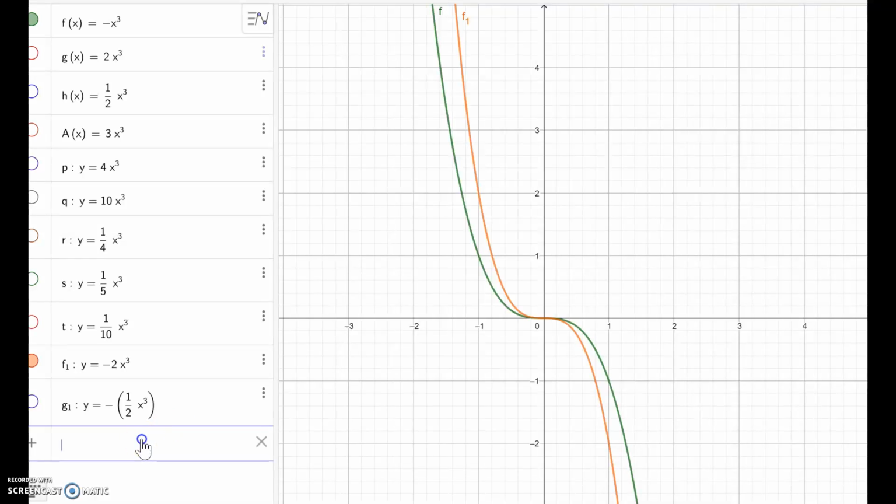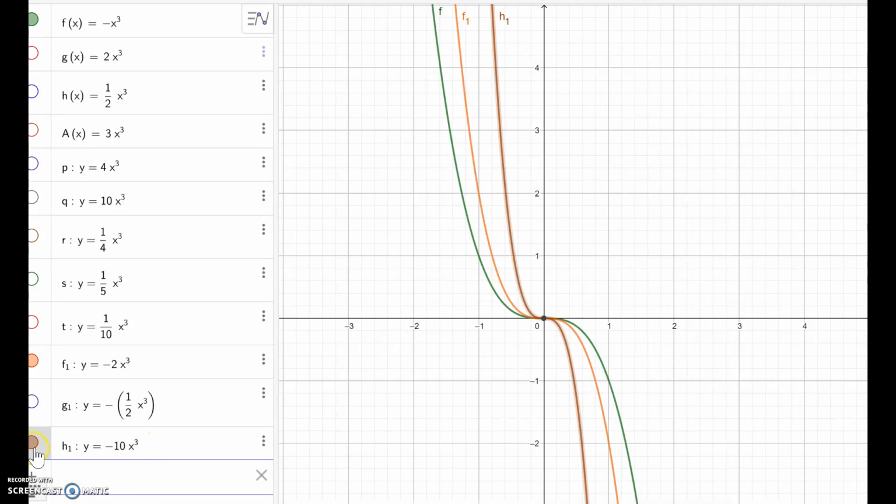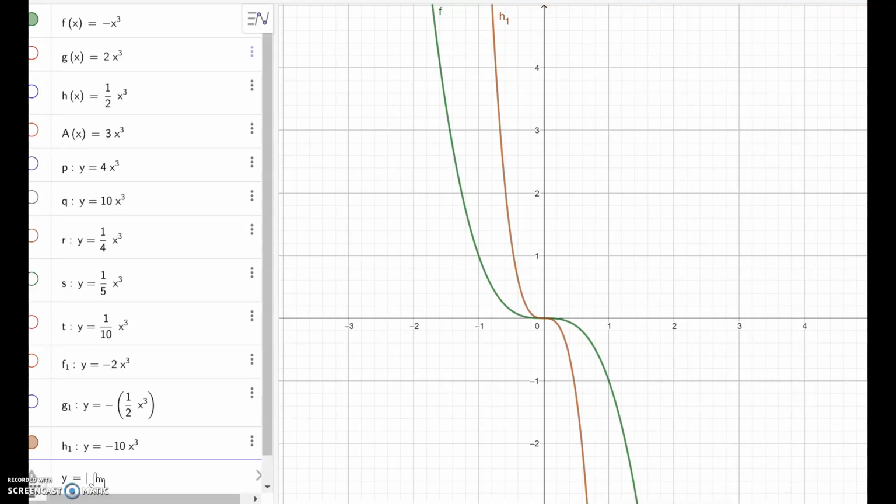So now you can conjecture if I make y equal to maybe negative 10 x to the cubic power, then it's much closer to the y-axis here, right? Like this. On the other hand, if I make y equal to negative maybe 1 over 4 x cubed, then what happened?